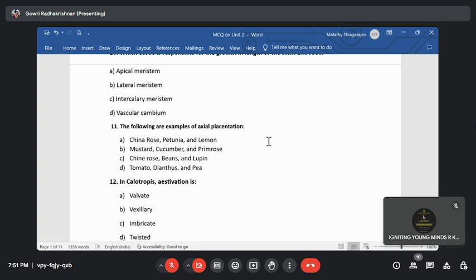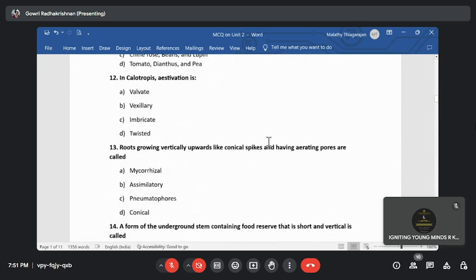Even in the central axis or the column, if the ovules inside the ovary are attached to the central column or axis, they come under axial placentation only. So option D is the correct answer.